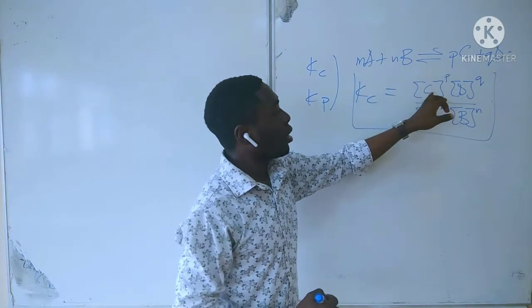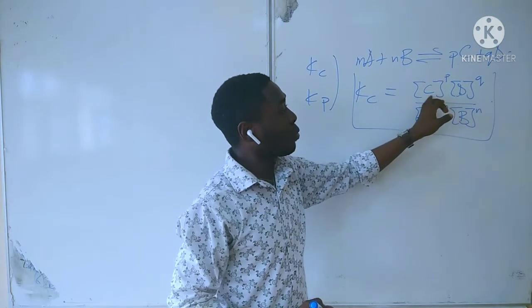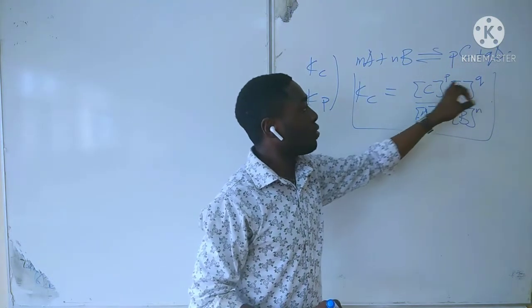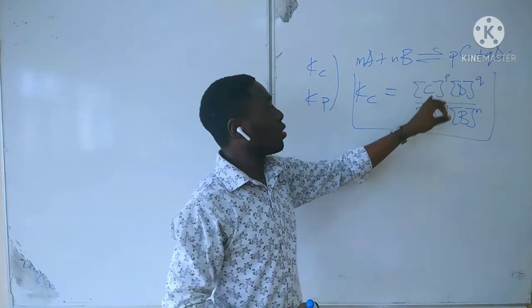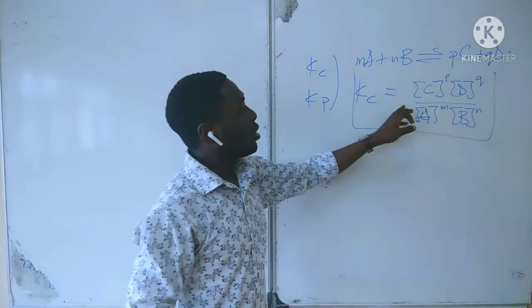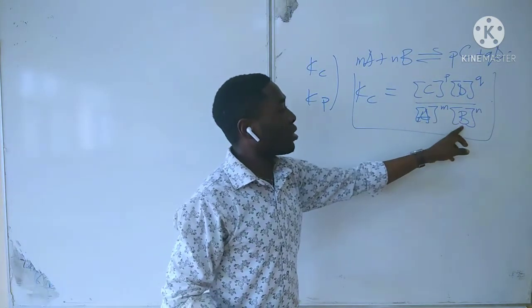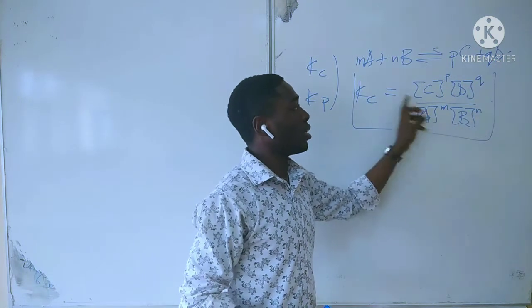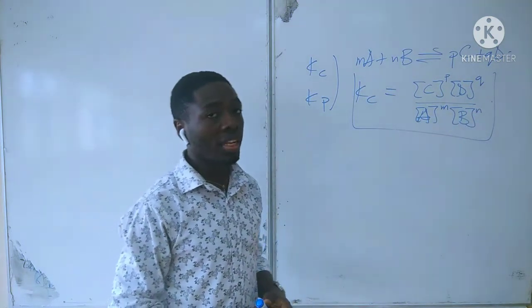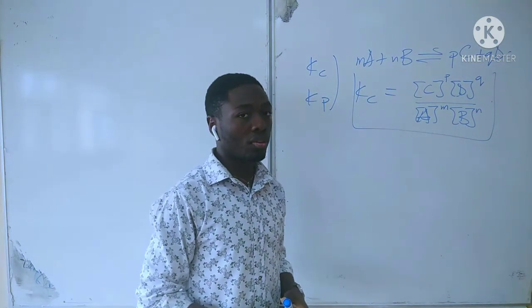That coefficient is the one you use to balance the reaction. Divided by the product of the concentration of the reactants, each raised to its stoichiometric coefficient, is a constant at a particular temperature.